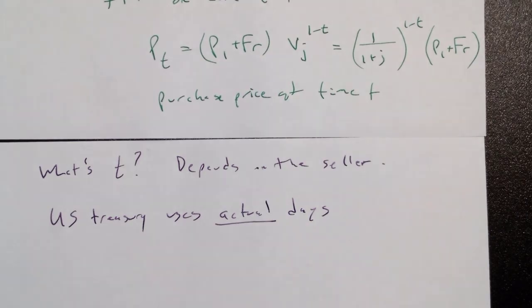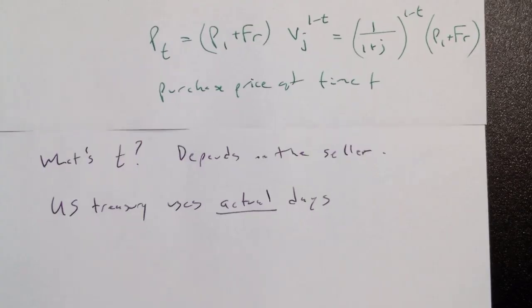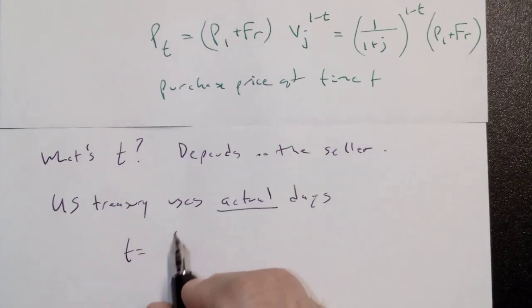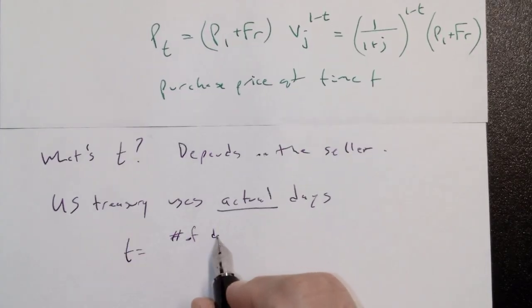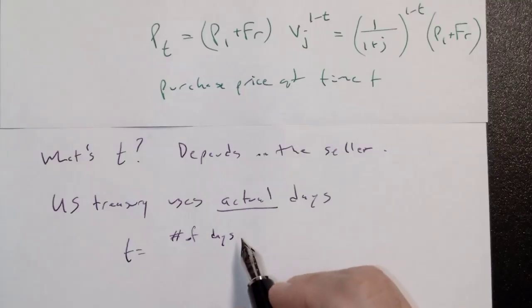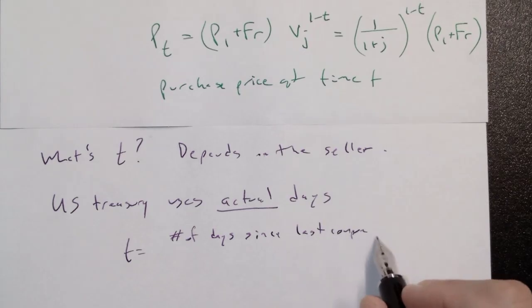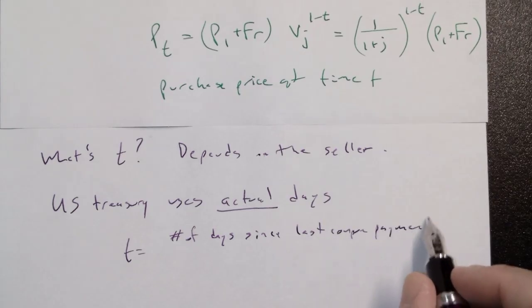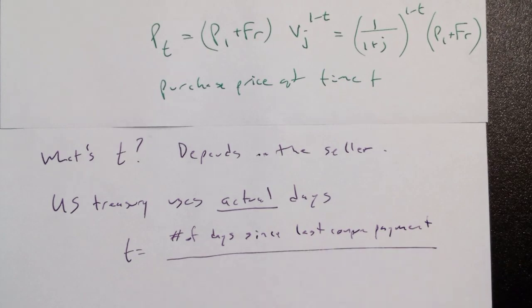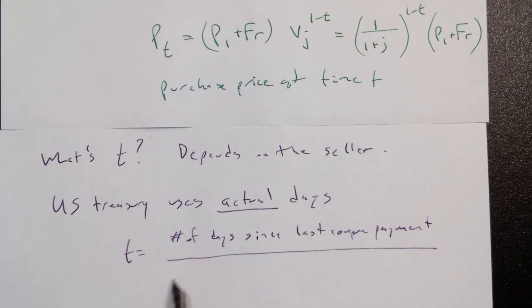They're going to call this the actual method. Yes, I'm going to use the word twice, I promise. How? Well, T is the number of days since the last coupon period divided by the number of days in the coupon period.